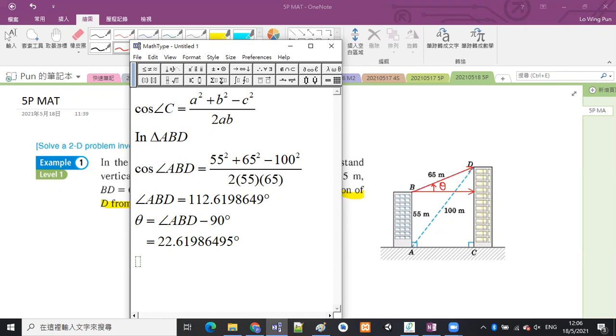Okay, and as this will be the final answer, so we need to take 3SF. So the final answer will be 22.6 degrees, and this number is correct to 3 significant figures. Okay, therefore, the required angle is 22.6 degrees.